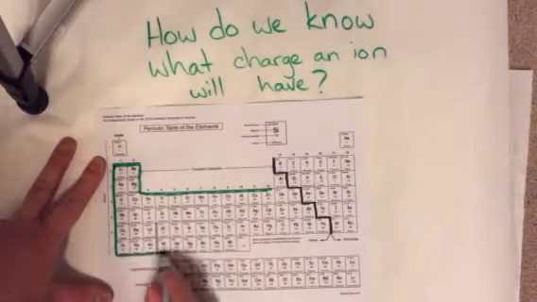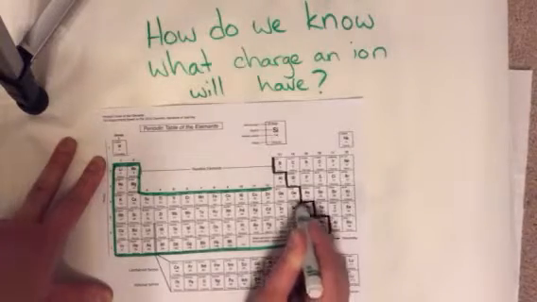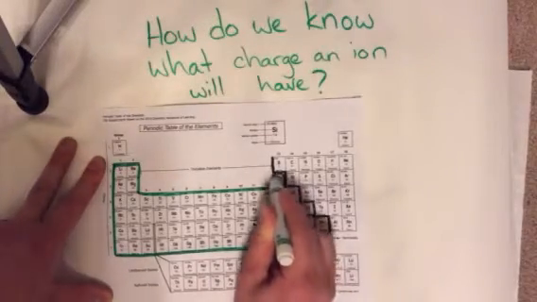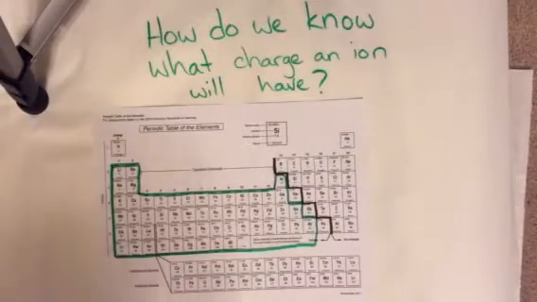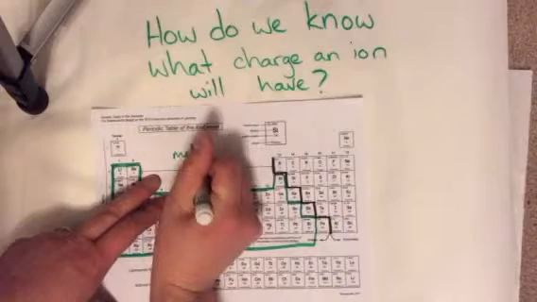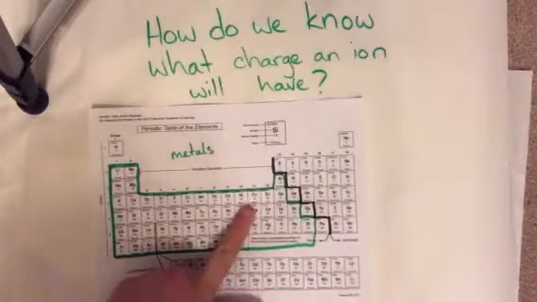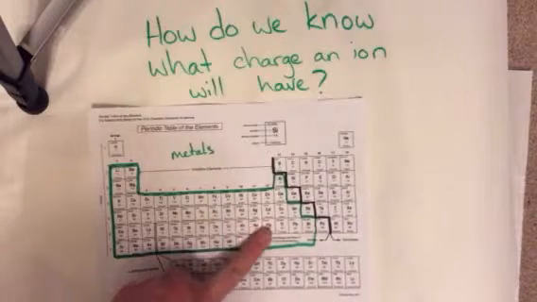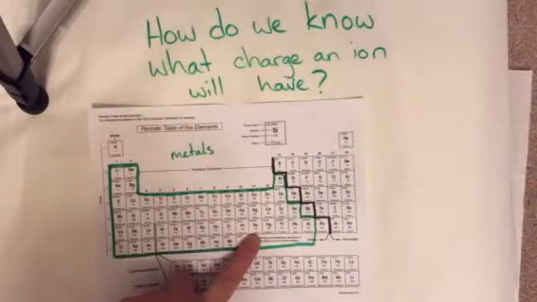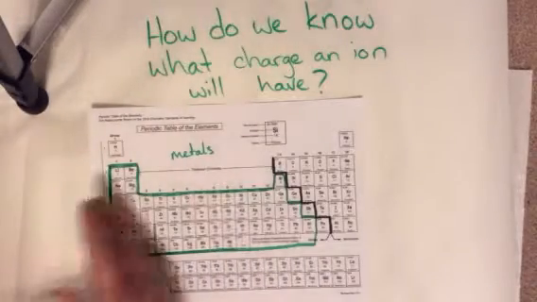We'll find out why later. But all of these atoms that are to the left of that staircase, these are called the metals. And if you look, you've got copper and nickel, you've got gold, silver. These are metals that we've heard of before. So it makes sense, right? All of these are metals.